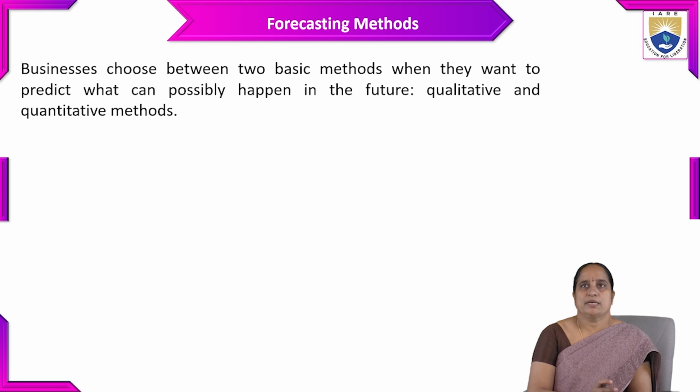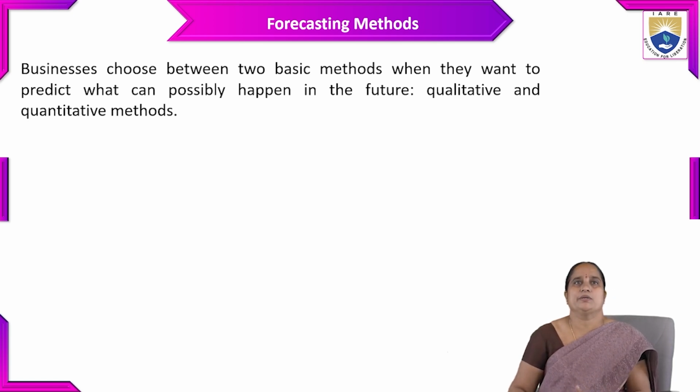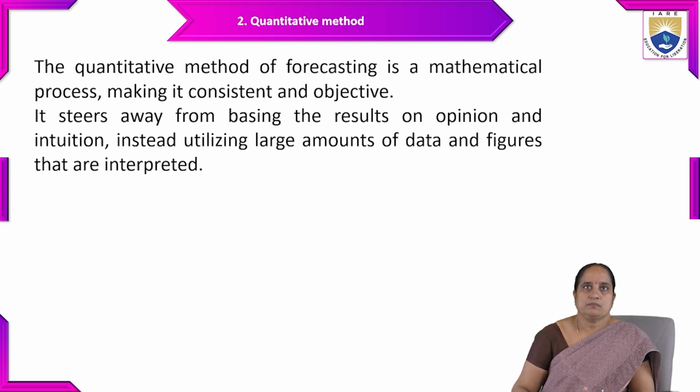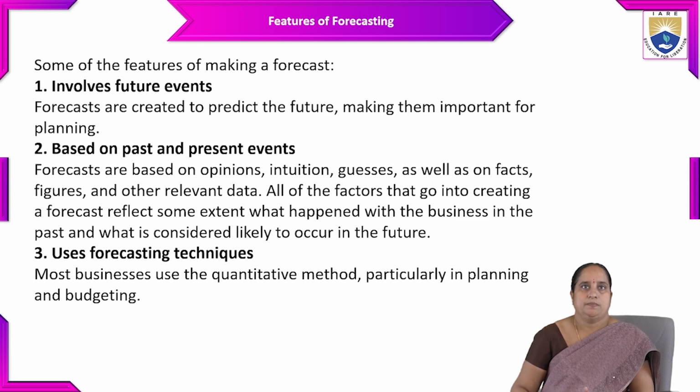Coming to forecasting, even in case of window dressing we consider qualitative and quantitative methods which we have discussed in the previous one; the same thing is applicable here also. Here we are going to make some kind of future forecasting, which involves future events.